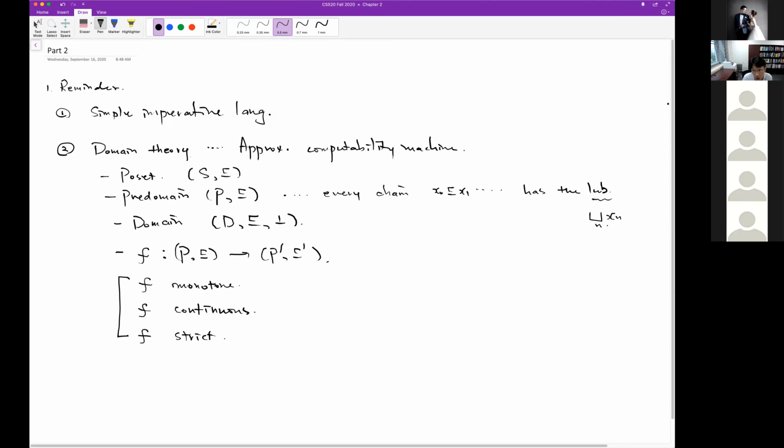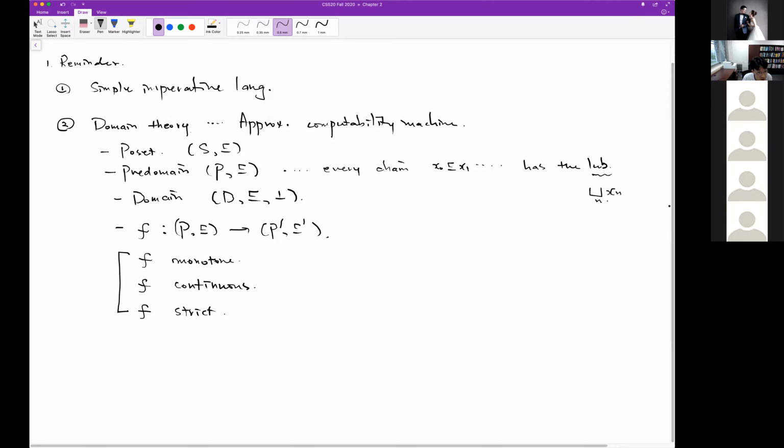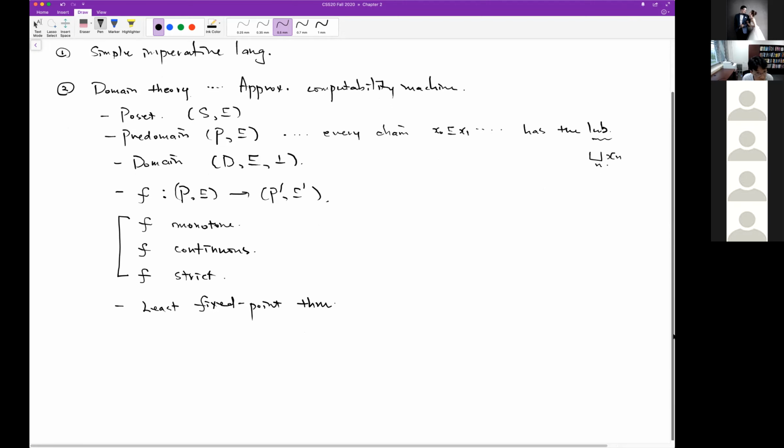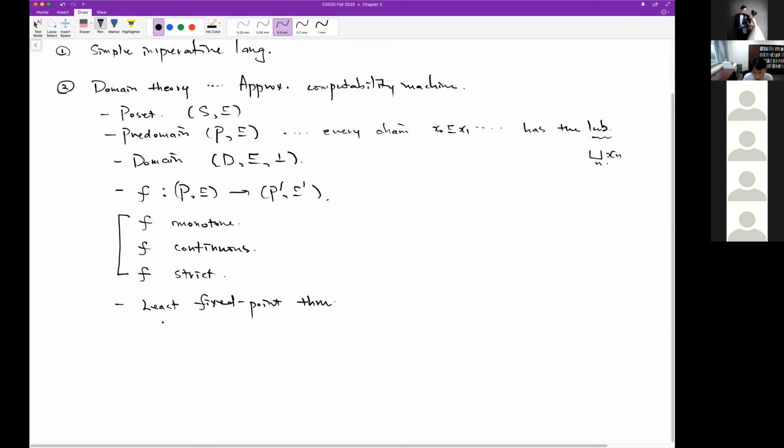Continuous functions play a very important role because of the least fixed point theorem. This is the theorem we are going to use when we give the denotational semantics of the simple imperative language we studied before. The least fixed point theorem says the following.